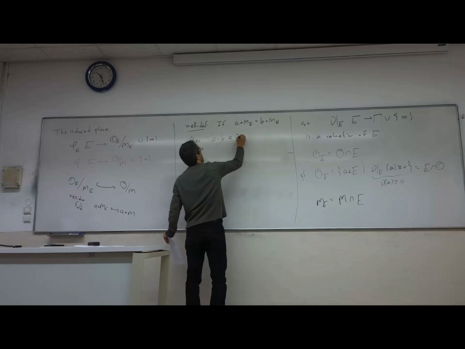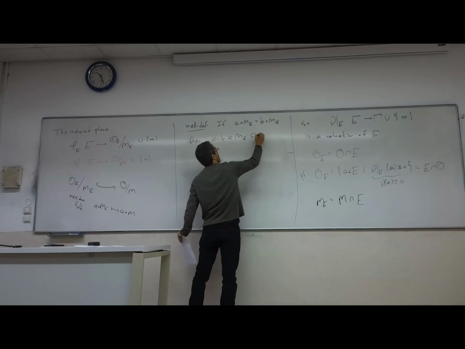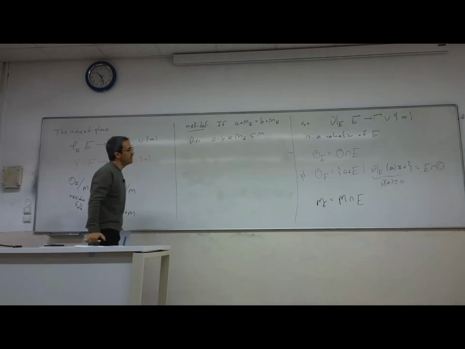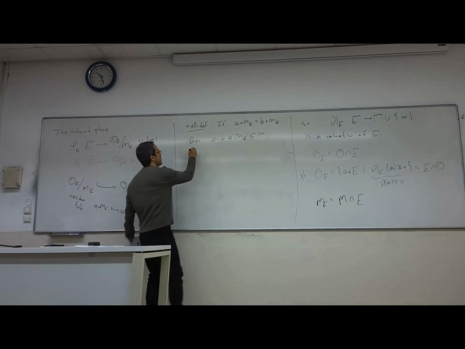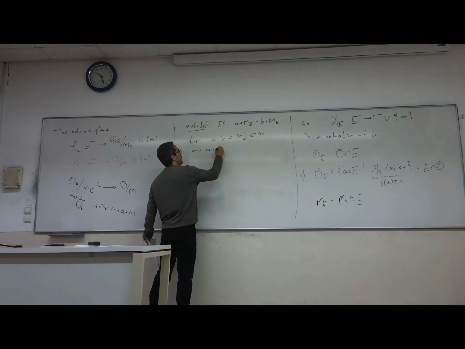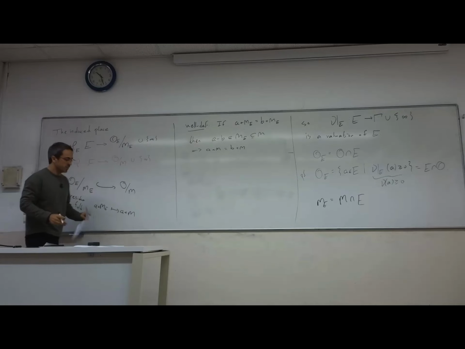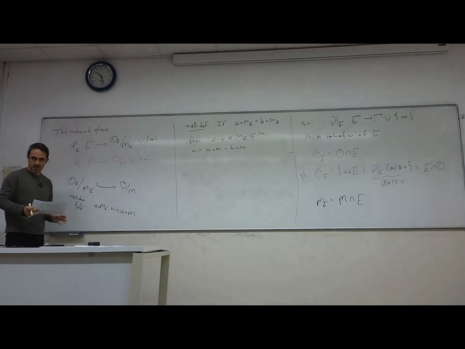Right, exactly. It's in M_E, which is a subset of M, because M_E is the intersection of M with E. And that's it. So this means that A plus M is B plus M. Right, so the representative doesn't matter.